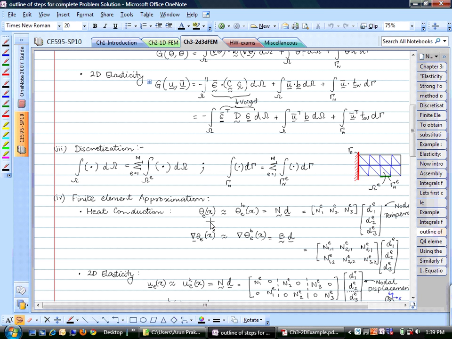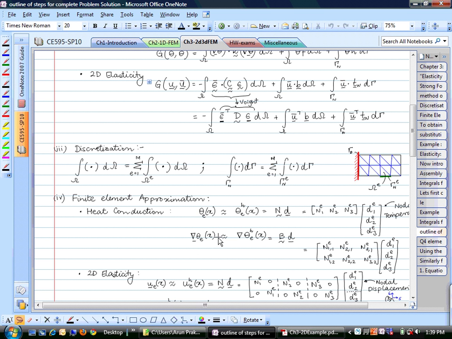So in the case of heat conduction problem, we said that if you are using 3 noded triangles, you will have n times d, which is this. And here d1, d2, d3, they are all the nodal temperatures, right? So for example, this element, you have temperature at this node, and this node. Those are the 3 degrees of freedom if you're doing this finite element approximation.